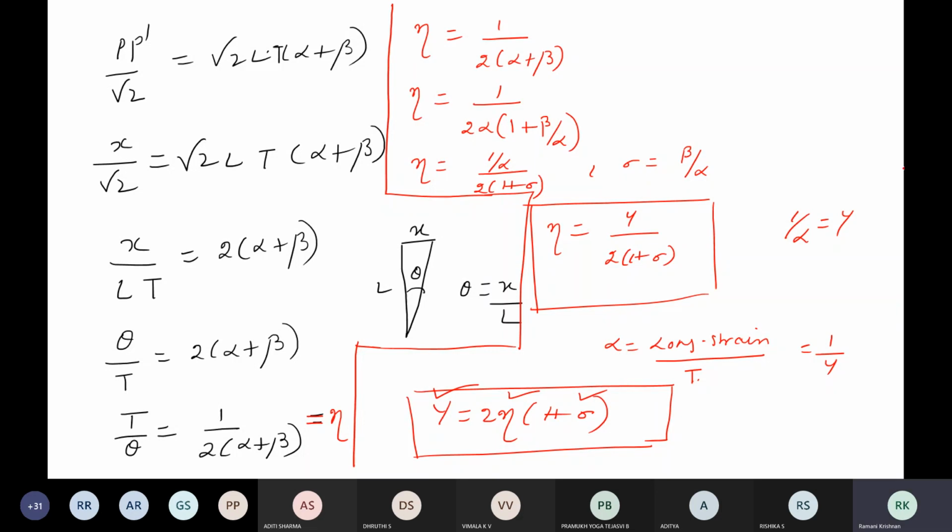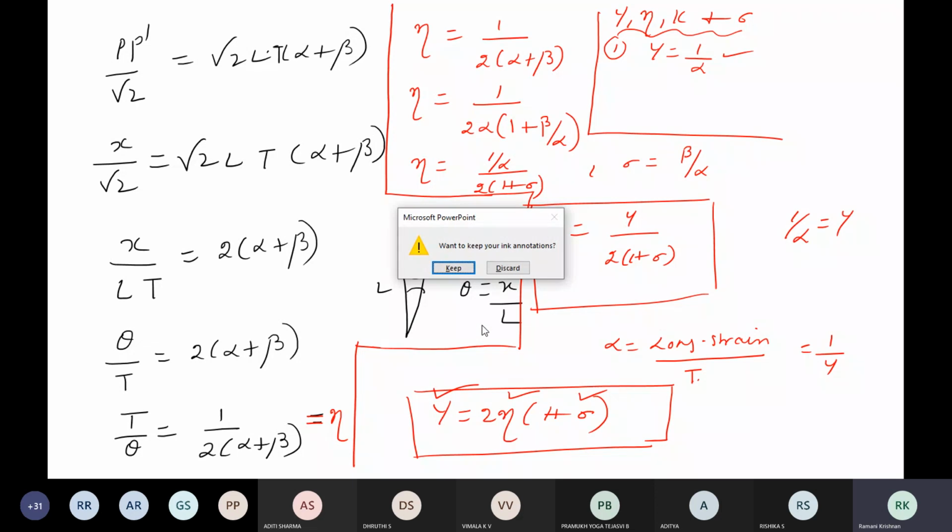Yesterday I said we are going to see different relations when we studied Young's modulus, rigidity modulus, bulk modulus and sigma. The first relation was Y is equal to 1 by alpha. This is easy. The second is this derivation, done. The others we will see next class.